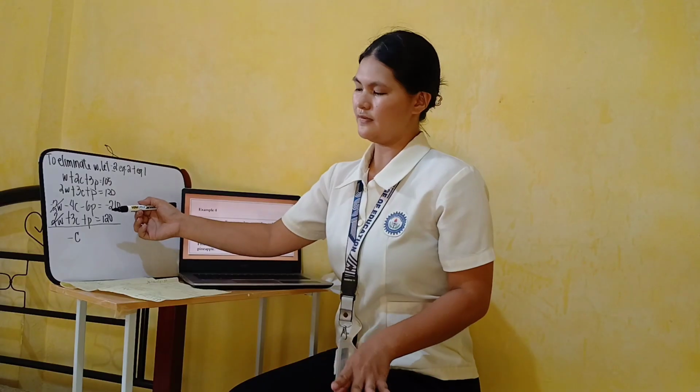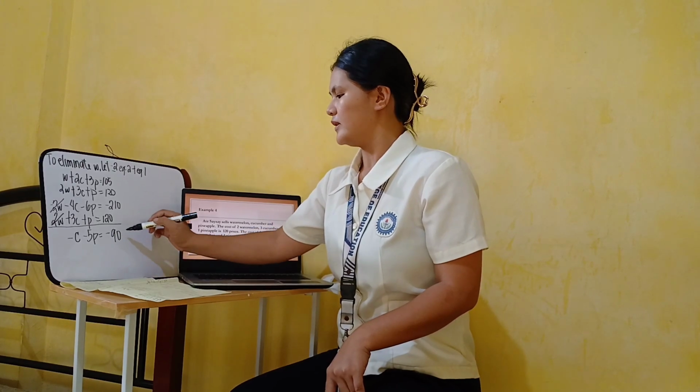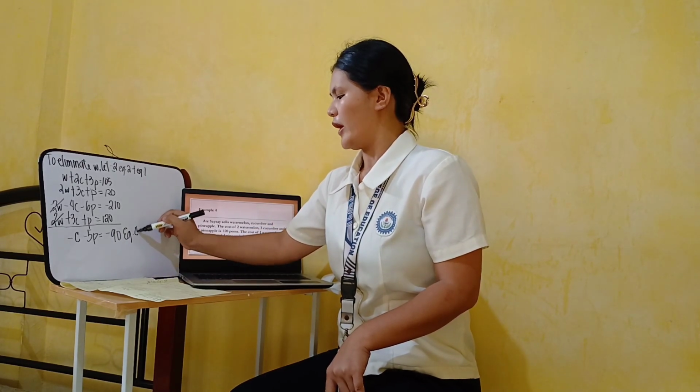Copy the 2W plus 3C plus P is equal to 120. Cancel out the variable W, and negative 4 plus 3 is equal to negative 1C, and negative 6 minus positive 1 is equal to negative 7P is equal to negative 210 minus 120 is equal to negative 330.